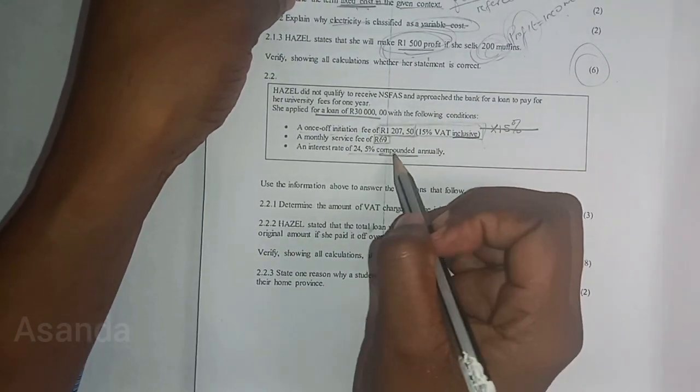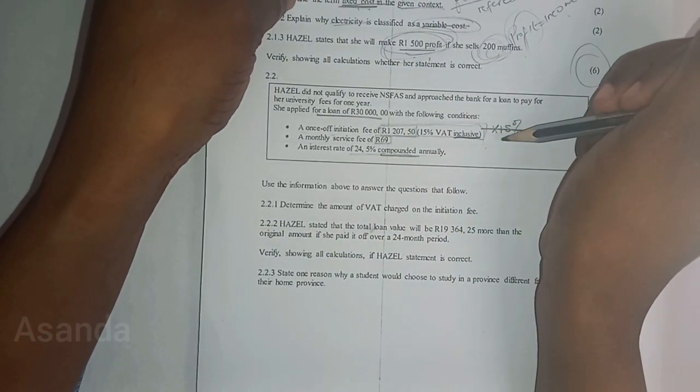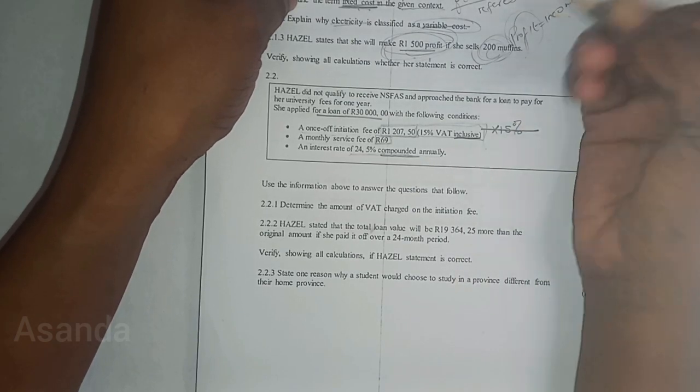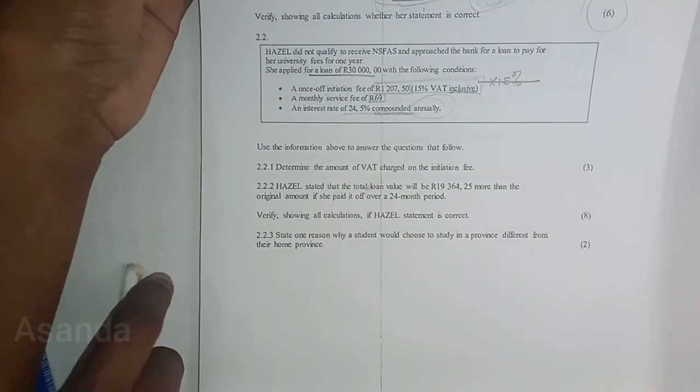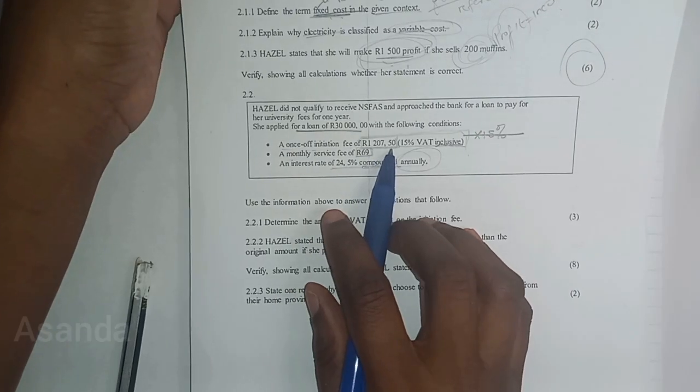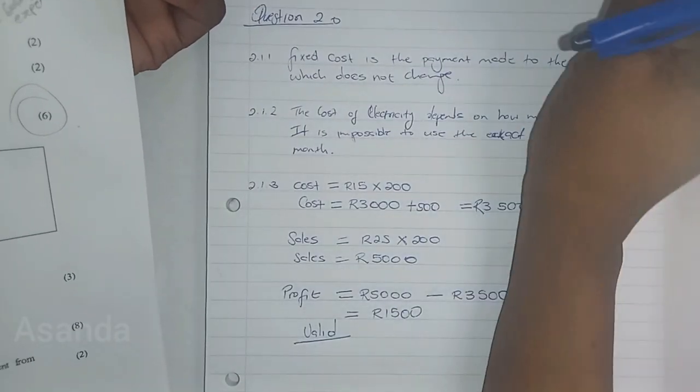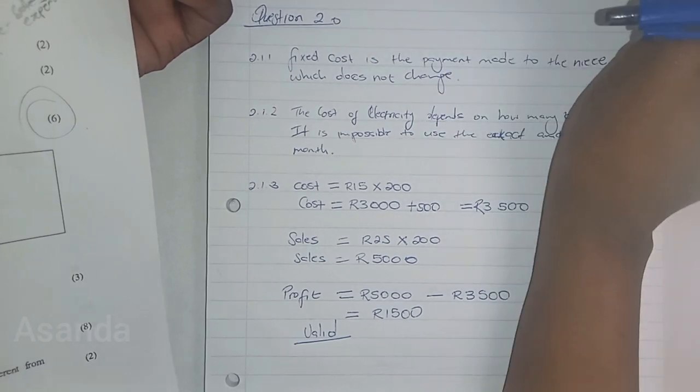And then compound interest, of course: every time we calculate interest, we calculate the new balance and then we calculate interest. So this is annually, that's fine. Determine the amount of VAT charged on the initiation fee. So what we're going to do is, on this 1,207 rand and 50 cents, we're going to remove the VAT, and then we're going to find out how much the VAT is. There is another method where you can just immediately get the VAT.